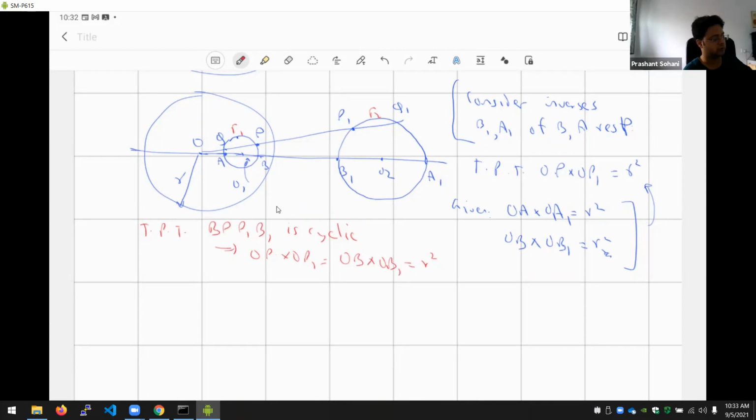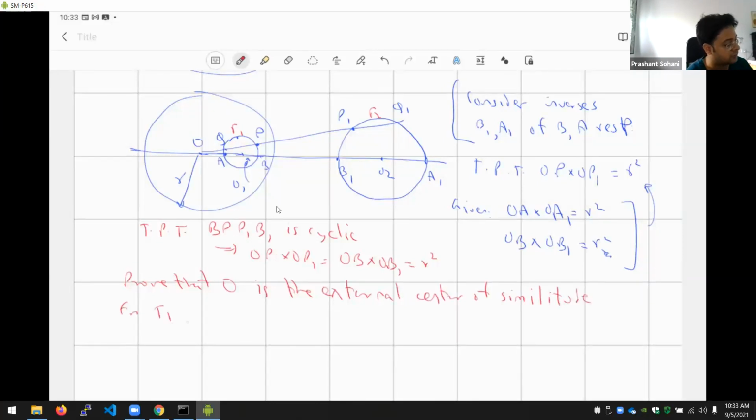As an intermediate step before we try to do this, there is one thing which is slightly simpler: prove that O is the external center of similitude for gamma 1 and gamma 2.